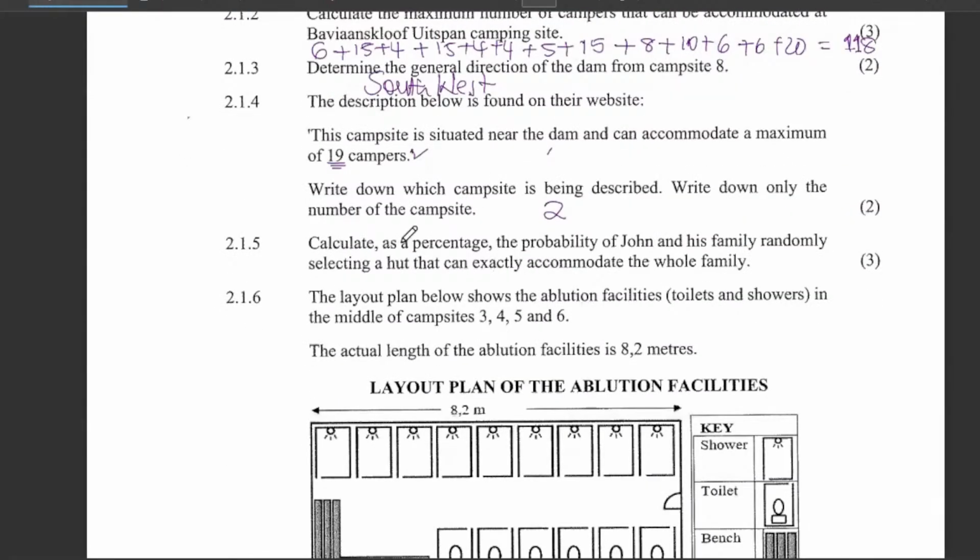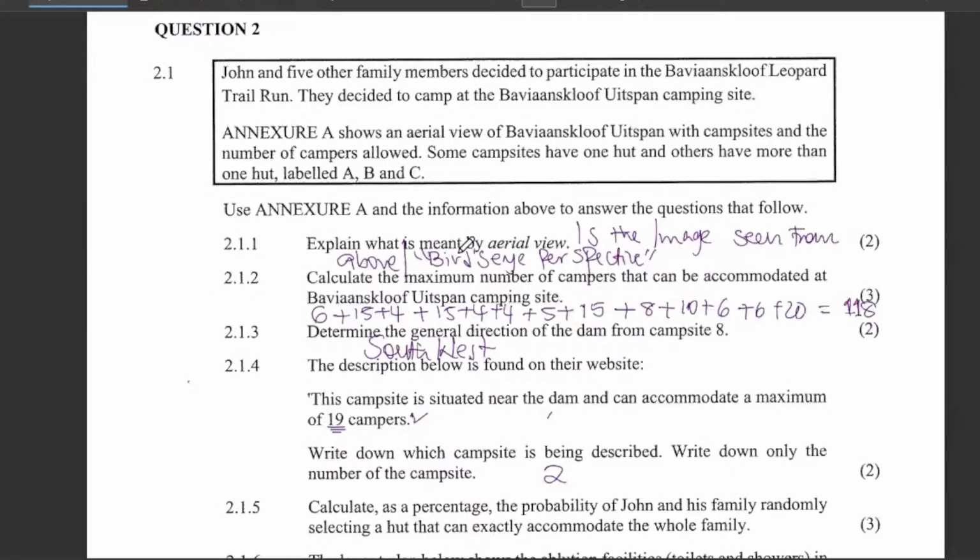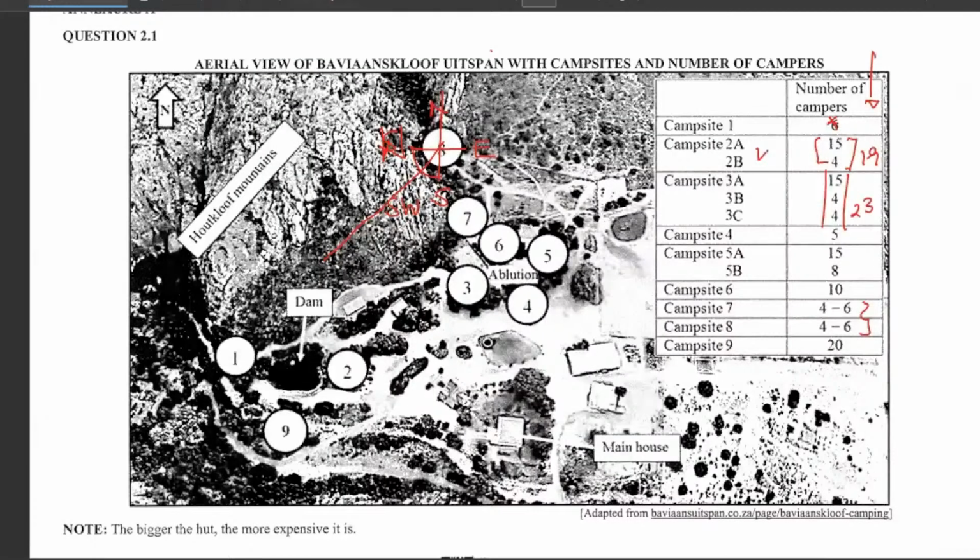All right, calculate as a percentage the probability of John and his family randomly selecting a hut that can exactly accommodate the whole family. Remember, it's John and the 5 others, so in all there are 6. Which camp has exactly 6? We are determining probability, so it's camp number 1, out of 9.